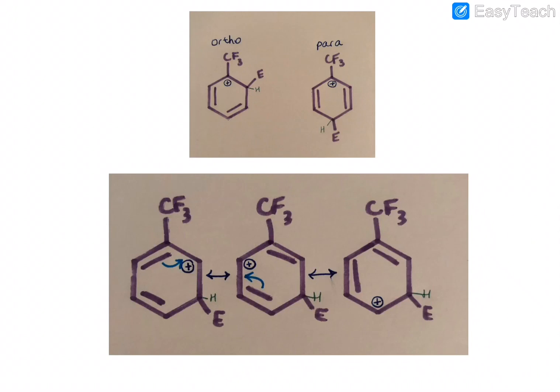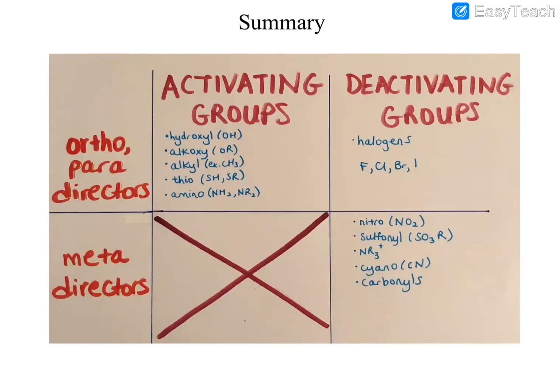The meta carbocation intermediate is much more stable than that of ortho and para addition, because the carbocation in ortho and para addition is adjacent to the substituent.